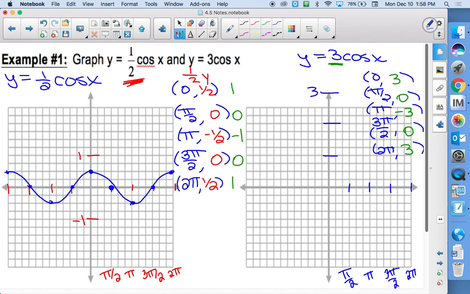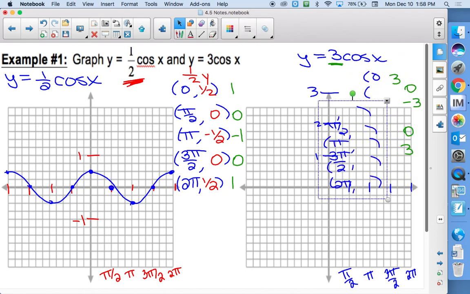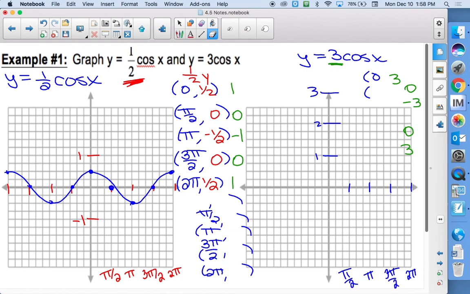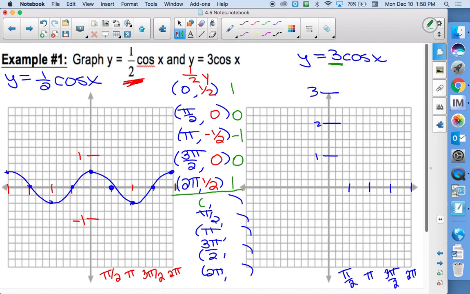So mine goes off the graph by 2 if you continue to count by 4. So this graph should be stretched. It should look really tall. And that's because the 3 in front stretches the graph.